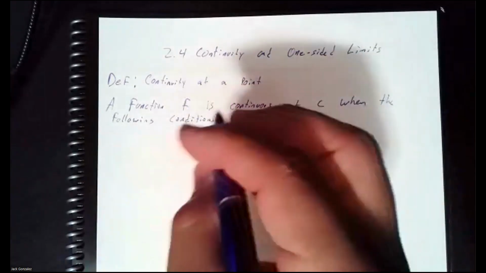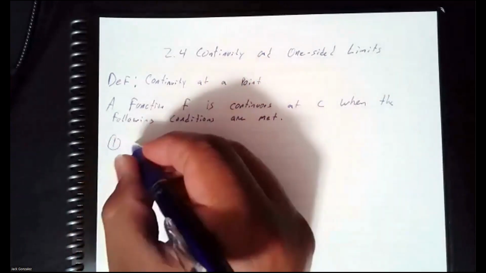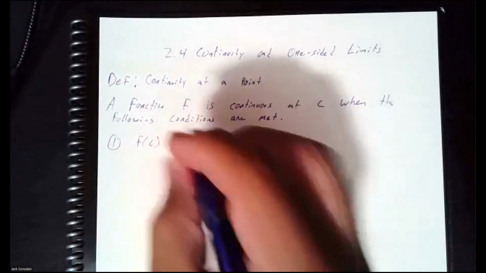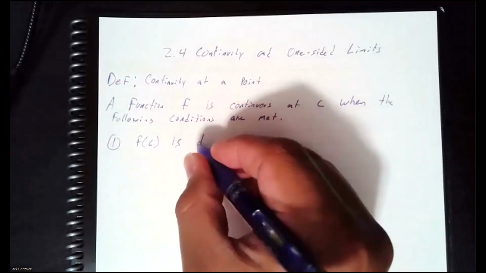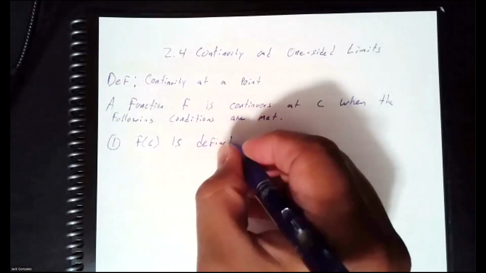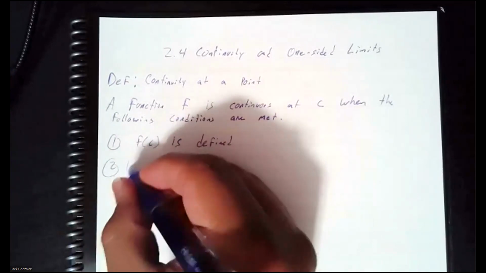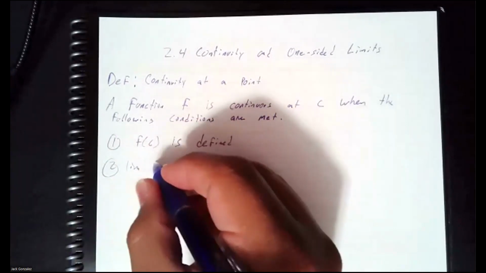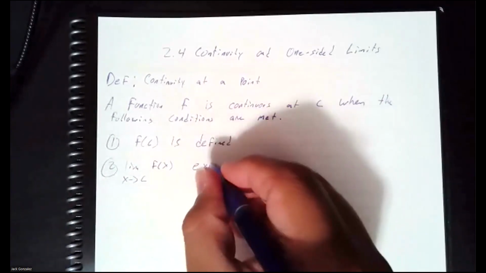Number one, f of c must be defined. In other words, you have to be able to plug in the number. Number two, the limit of the function f of x as x approaches c exists.